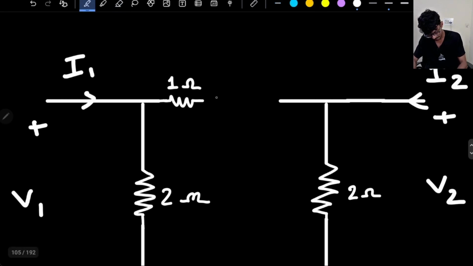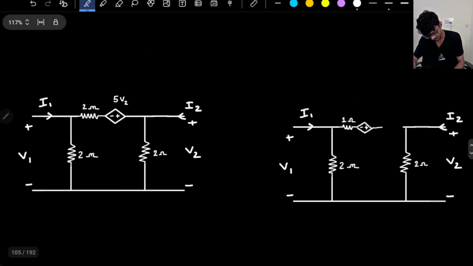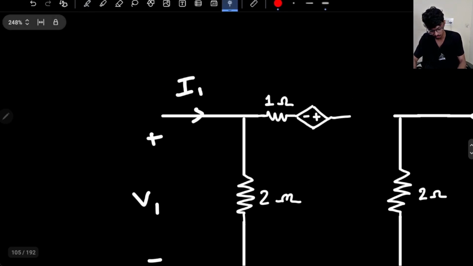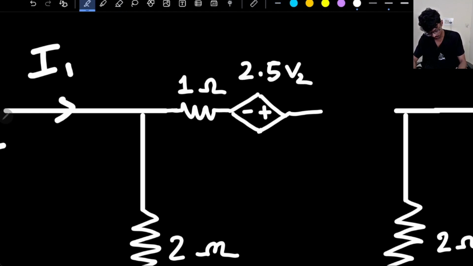So this will be 1 ohm, and this voltage source also can be divided into a series combination of 2.5 V2 and 2.5 V2.